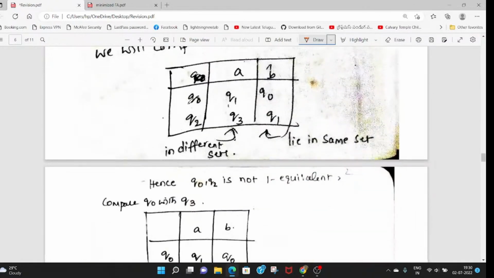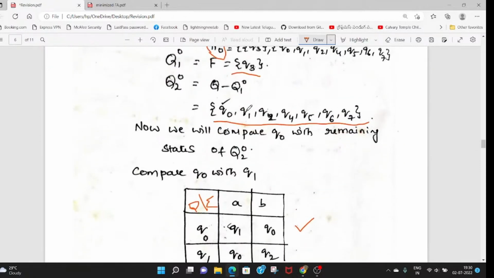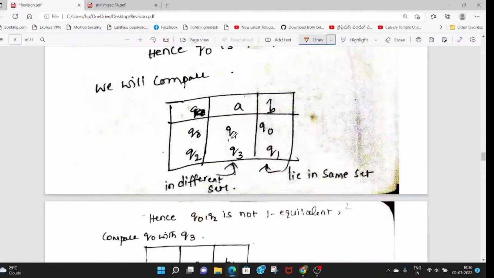For Q0, Q2, with possible inputs A and B, I'm getting Q1, Q3 and Q0, Q1. So now you consider this state Q0, Q1 belongs to the same state, but Q0, Q3 will be two different states. So in column A, my Q0 and Q2 will differ, meaning if I take A as an input, I cannot reach the same states.